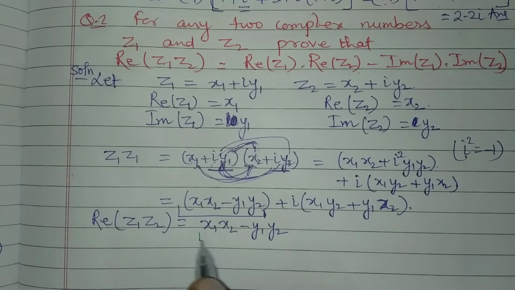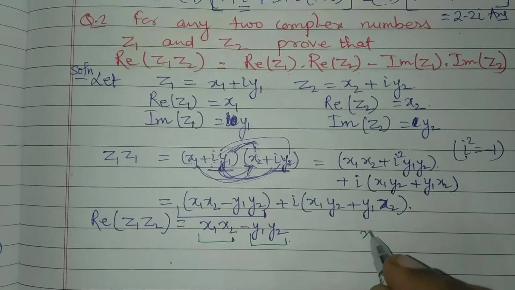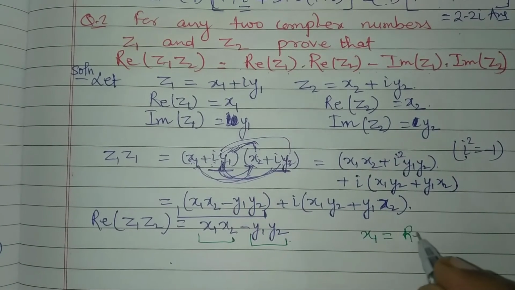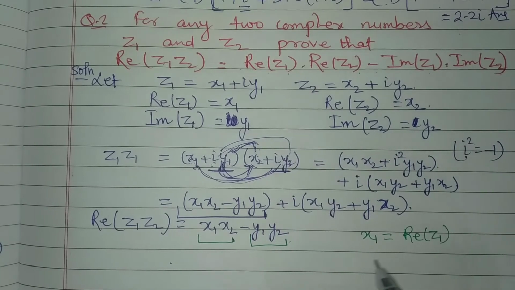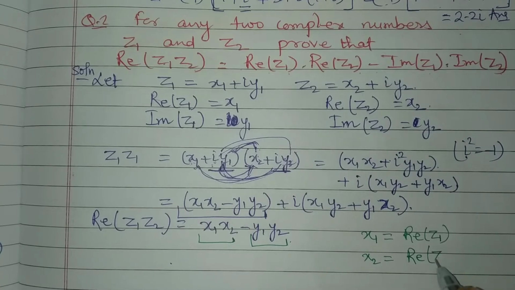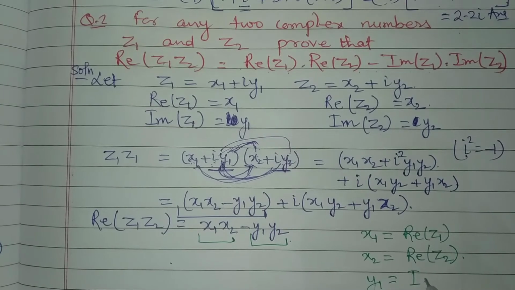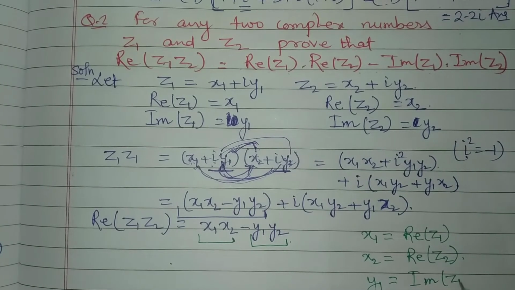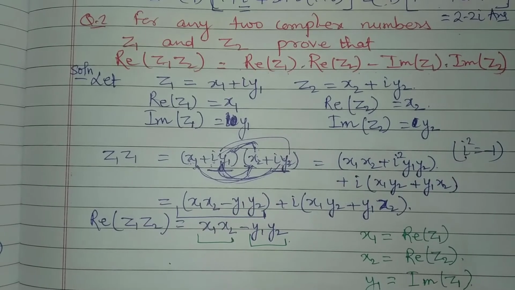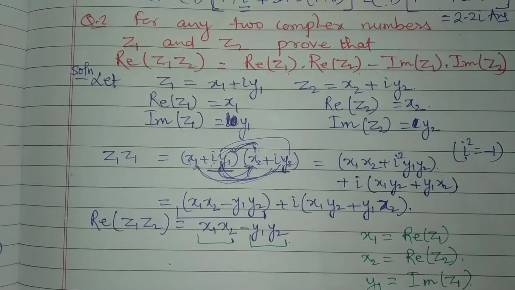So here, in place of x1 I can write real part of z1, and in place of x2 we can write real part of z2, and in place of y1 we can write imaginary part of z1, and y2 we can write imaginary part of z2.